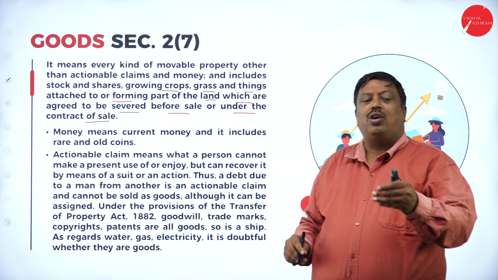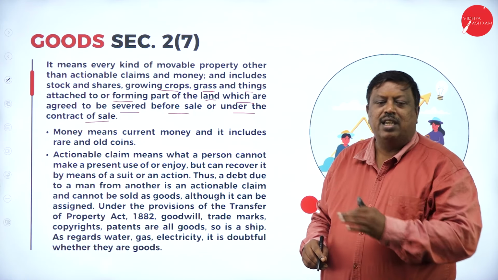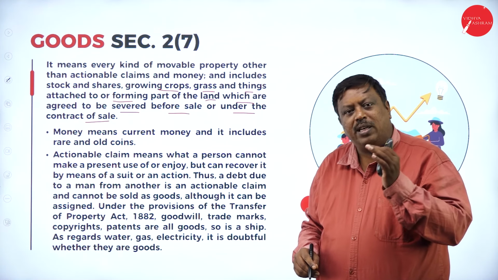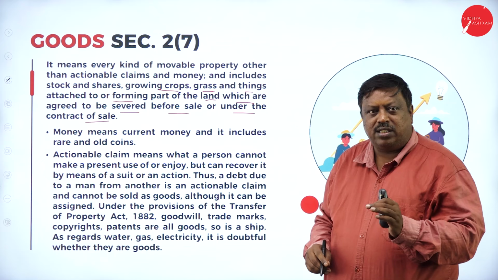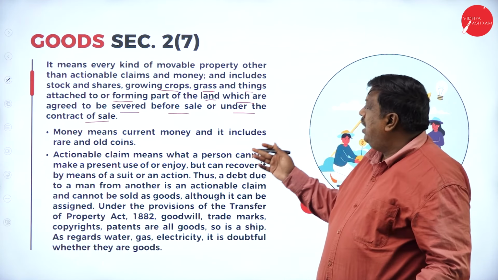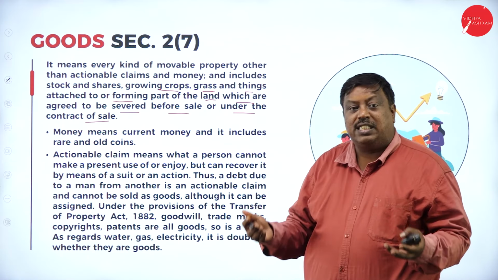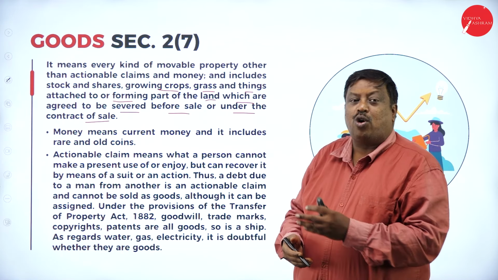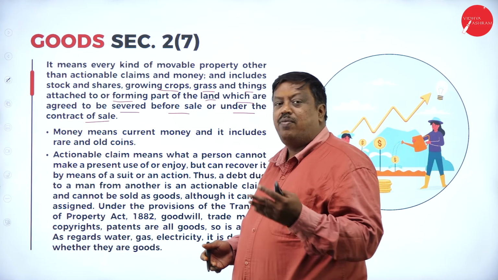The item we are selling here should be a movable commodity, movable product, movable goods. It even includes stock and shares, growing crops, grass, and things forming part of the land where they are attached, like coconut trees, mango fruits or any fruits and vegetables.